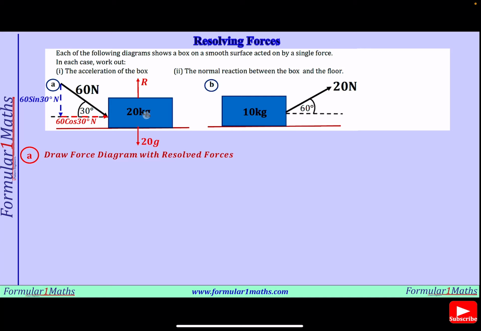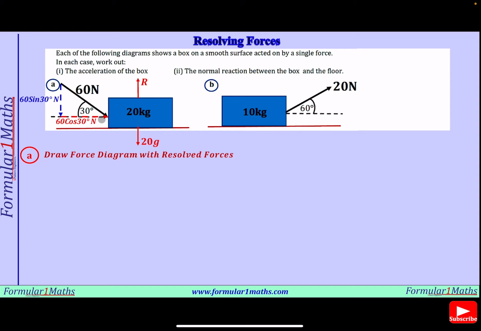There are only 4 forces acting on the box right now. These are the weight, 20 G, the reaction force due to the surface, and the resolved forces, this one and that one over here.